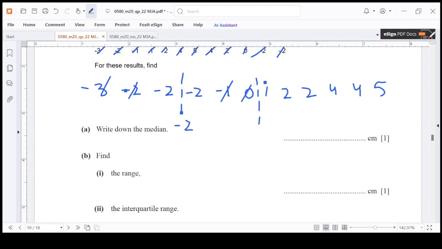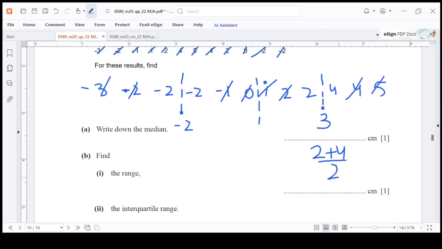And what's the upper quartile? Find the middle here. This gets cut, this gets cut. So the middle is between 2 and 4, which is going to be 3. And you can also do 2 plus 4 upon 2, which is 6 upon 2, which is 3.